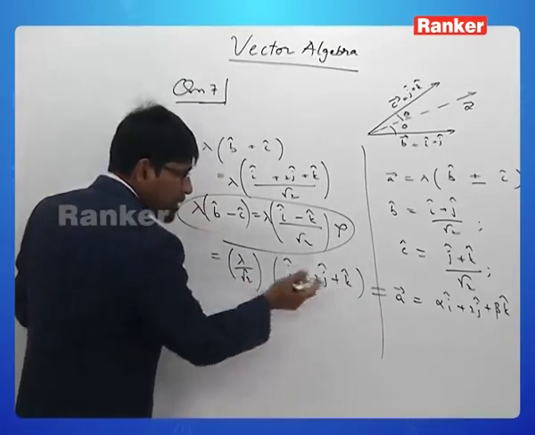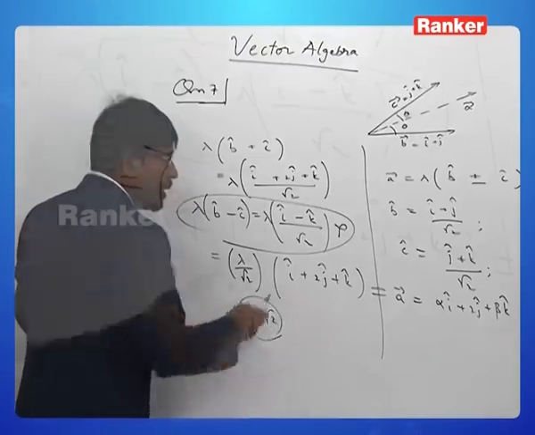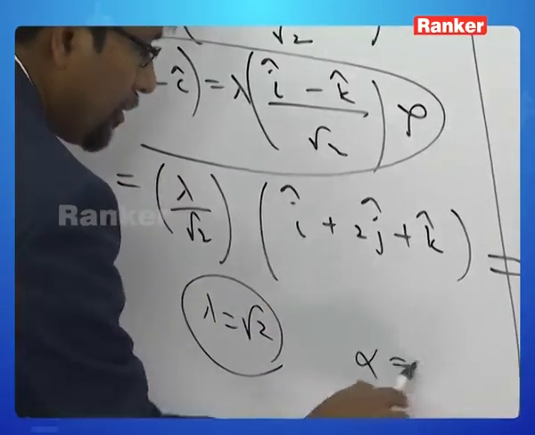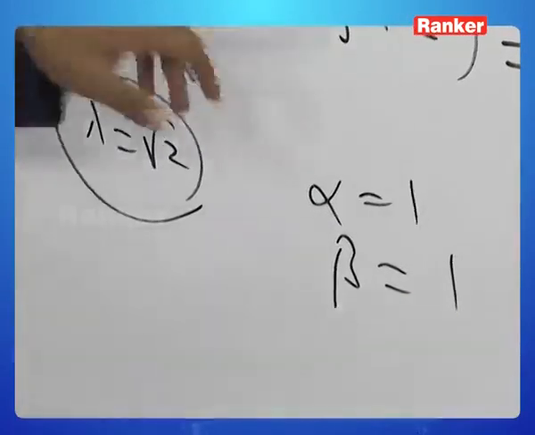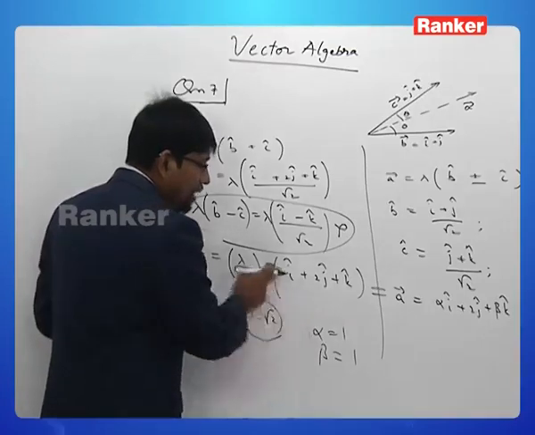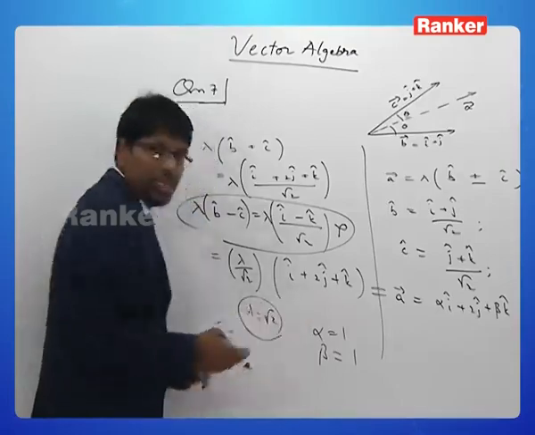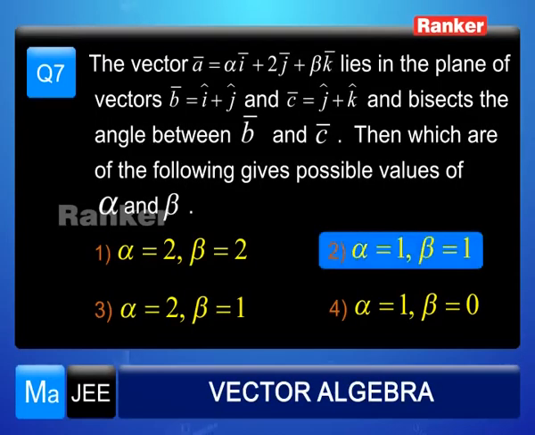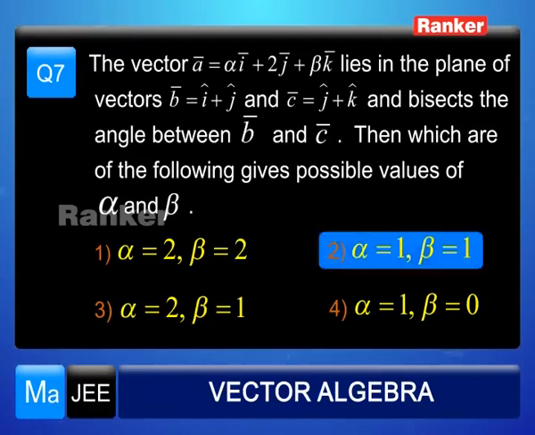So take lambda to be root 2, and then alpha has to be 1, beta has to be also 1, comparing these two here. Taking lambda to be root 2, we can equate them and we have alpha to be 1 and beta also to be 1. So clearly option 2 is the right answer. Option 2 is the right answer.